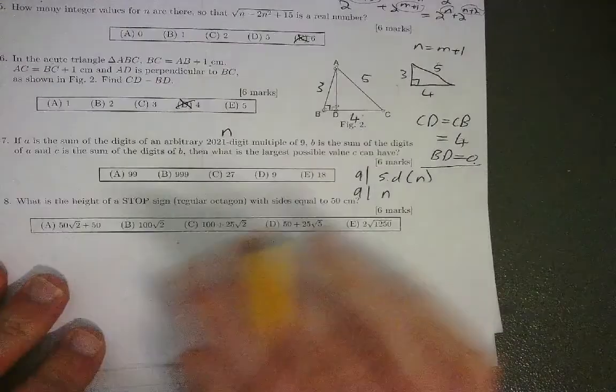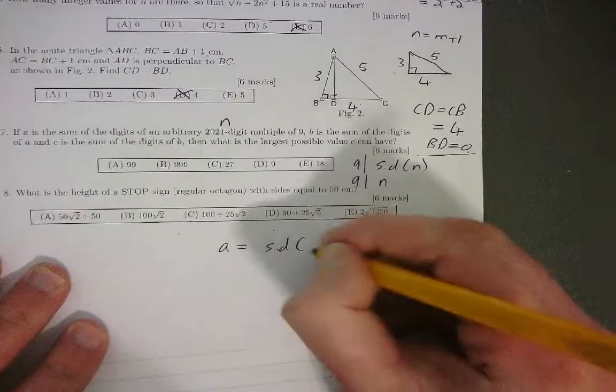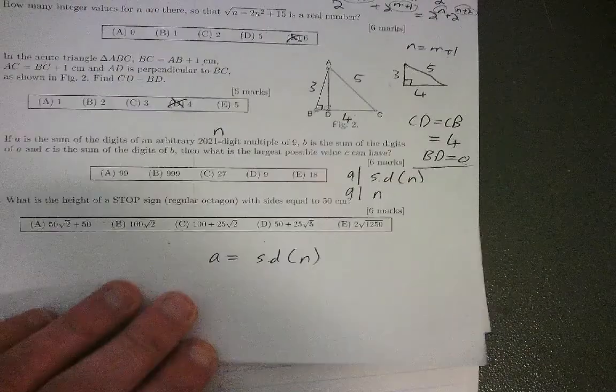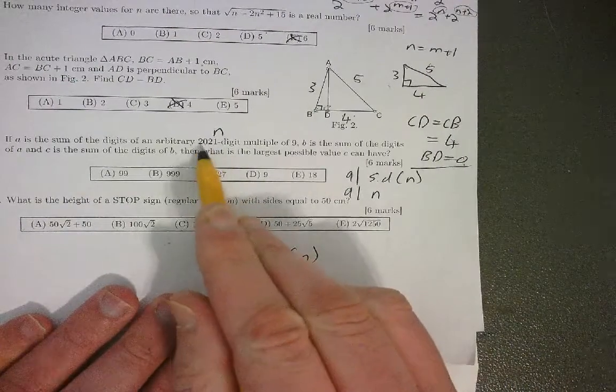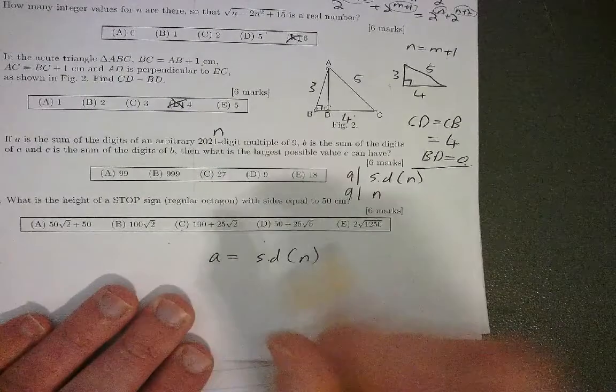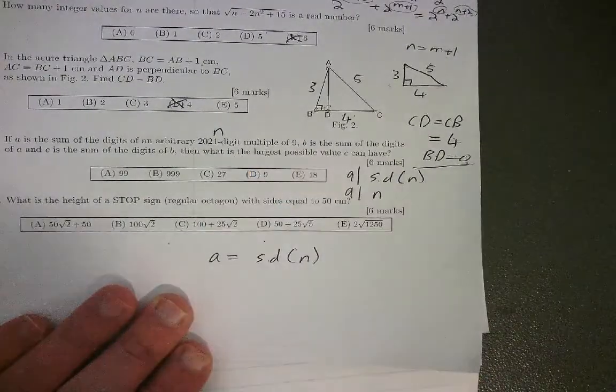So here we've got that a is the sum of the digits of n, and because it's 221 digits, then the largest that a can be is when all of these digits are 9.